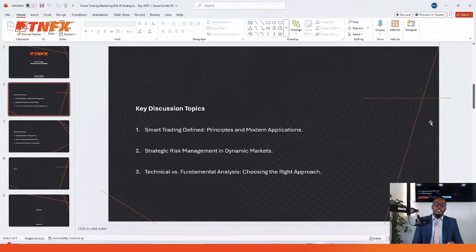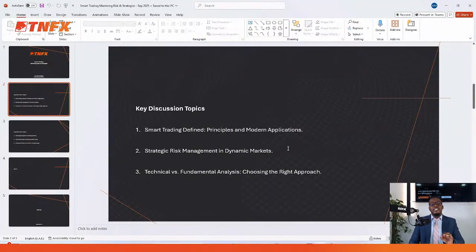Then we would take a look at the second pinpoint, which will be the strategic risk management in the dynamic market. When we talk about the strategic risk management in the dynamic market, we're looking at things like your stop loss.